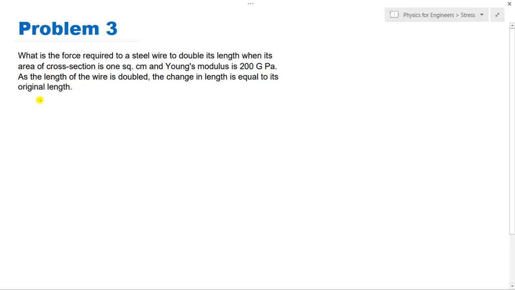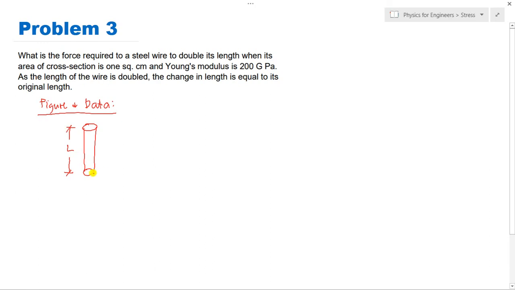Okay, so ato sa i-drawing ang figure and data. Okay, so steel wire daw. So steel wire, let's say natay steel wire ari. So steel wire, of course naa tay length.